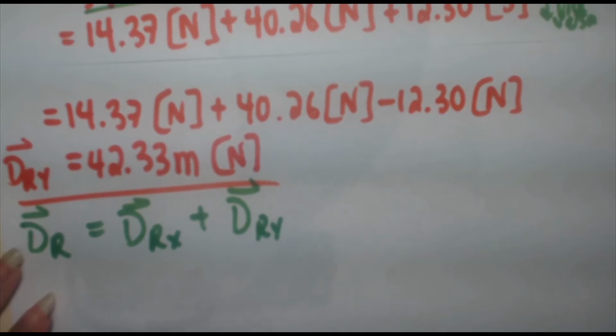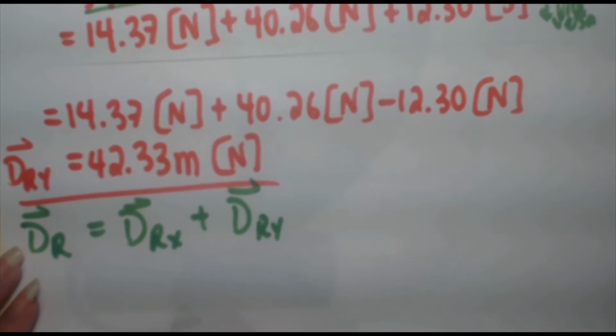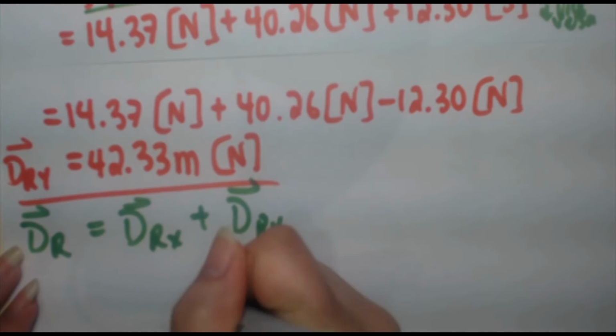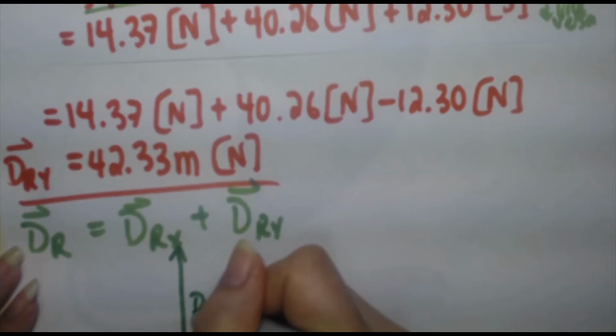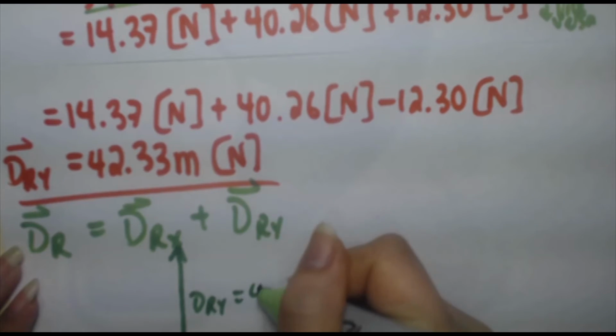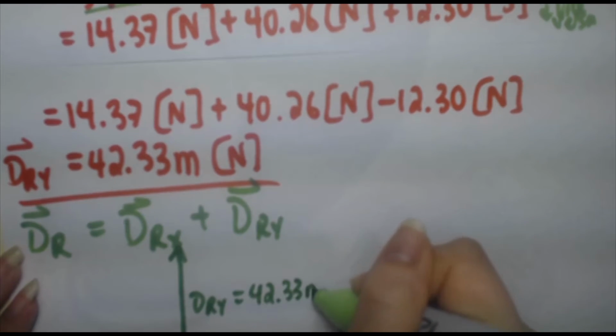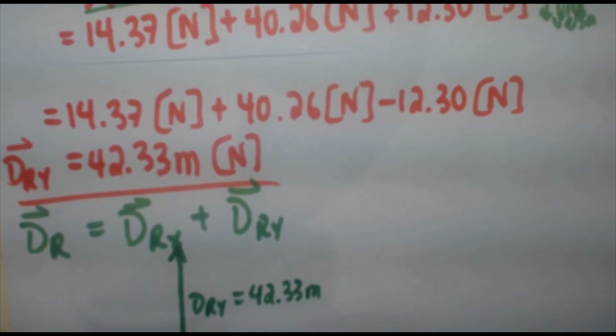Okay, so we're going to go x, y like this. So there's our drx, 38.71 meters, and then we've got our y, which is a little bit bigger than that, dry, which is 42.33 meters. Since one is going east, one is going north, they meet at a 90-degree angle.